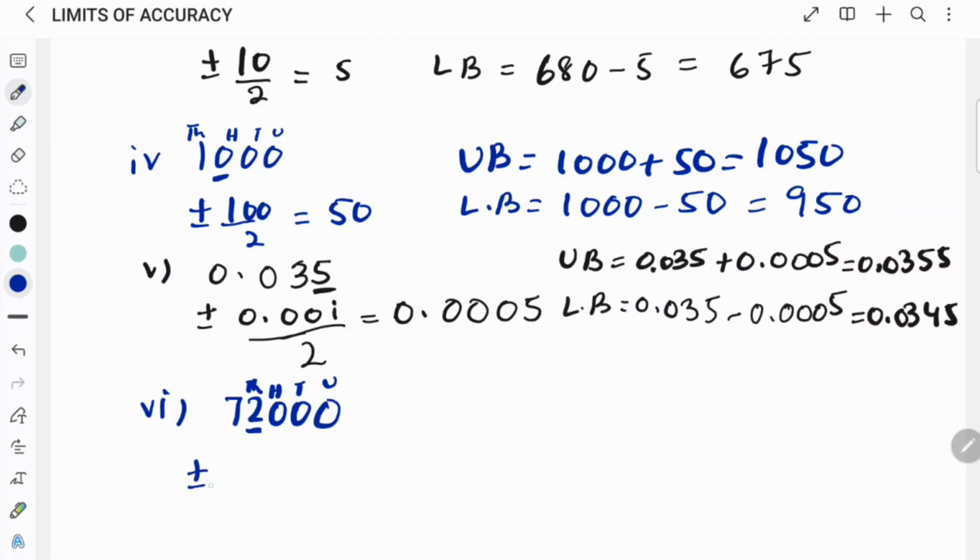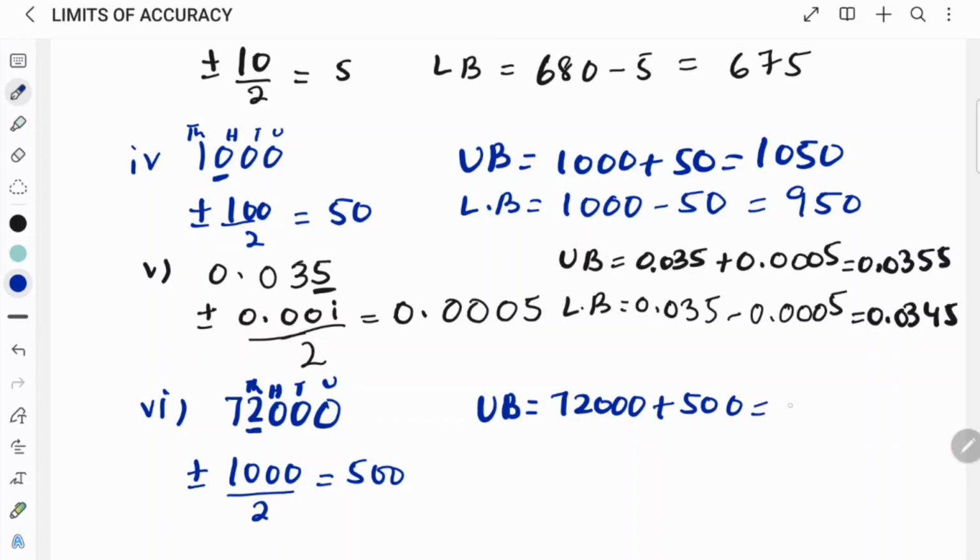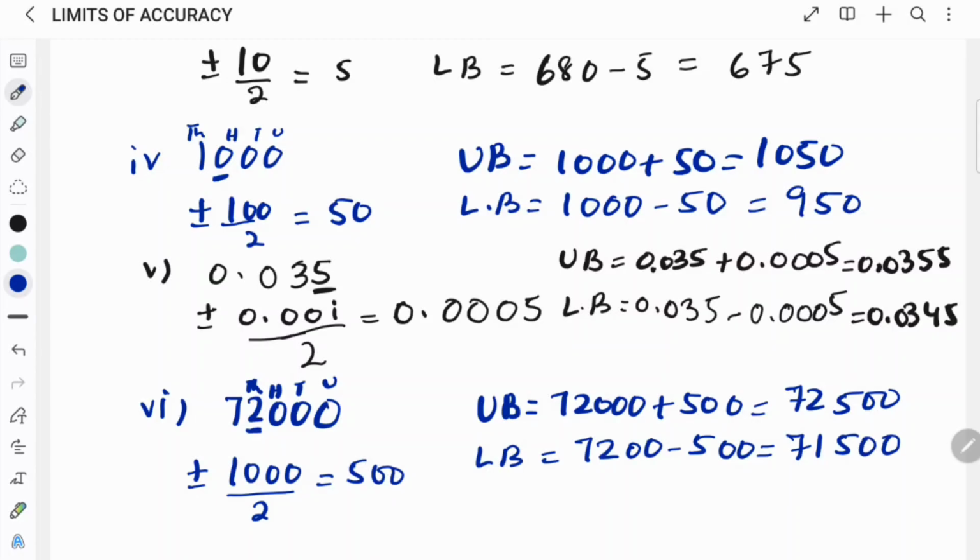If you add 1000 upon 2, that is equal to 500. So the upper bound will be 72,000 plus 500, that is equal to 72,500, and the lower bound is 72,000 minus 500, that is equal to 71,500.